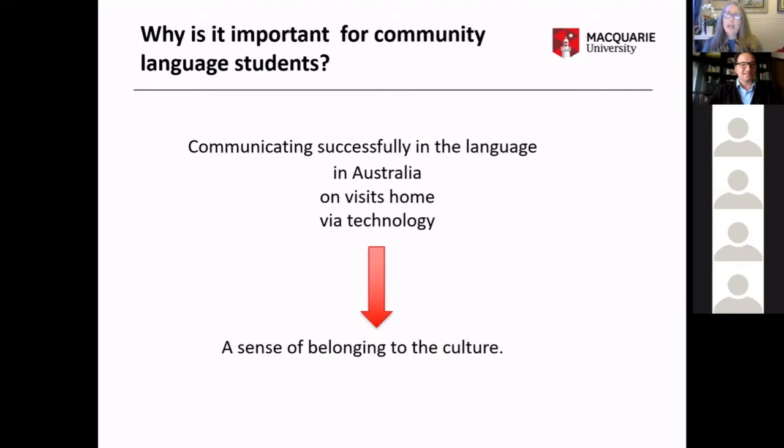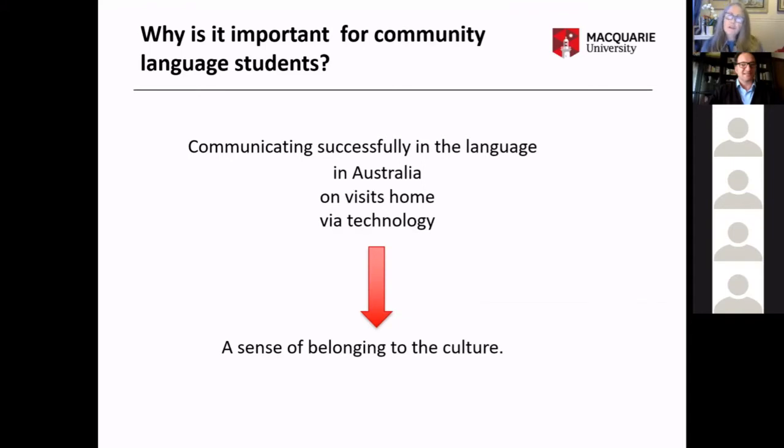And they need to communicate more and more via technology, that is using Skype or Zoom to talk to people in their home countries. Now, all of these things, even if they only do them a little bit, give them a sense of belonging to the culture. And when you can do these things successfully, you get the identity as being part of that culture.